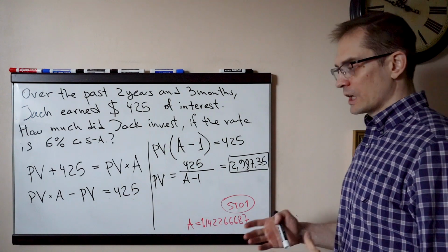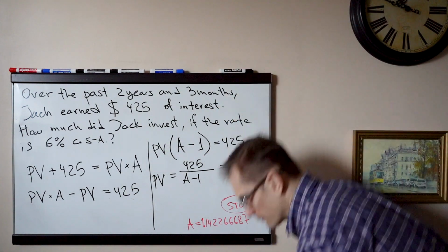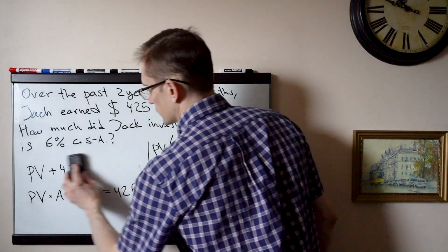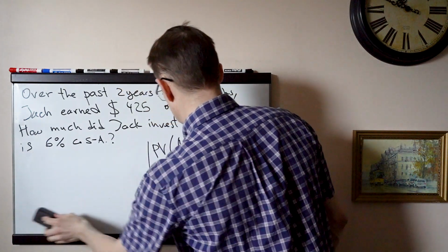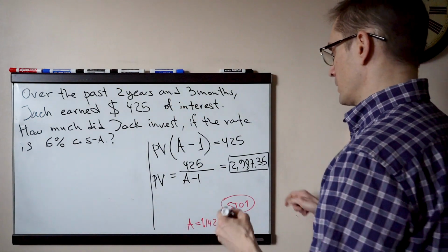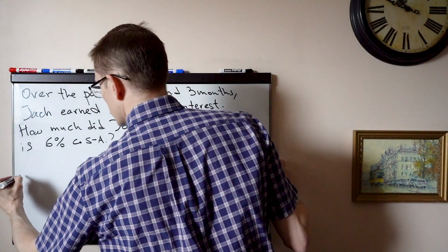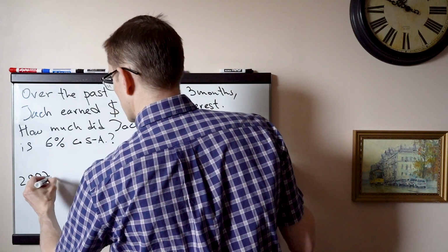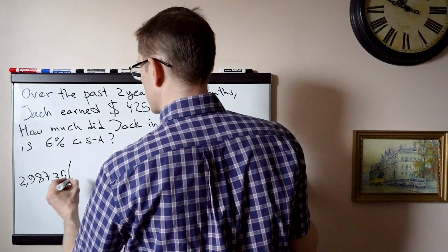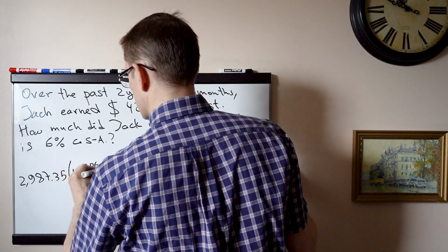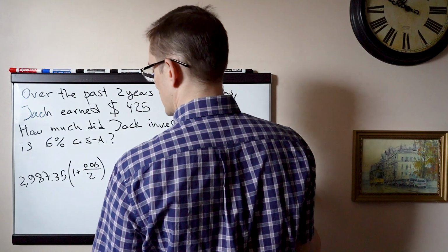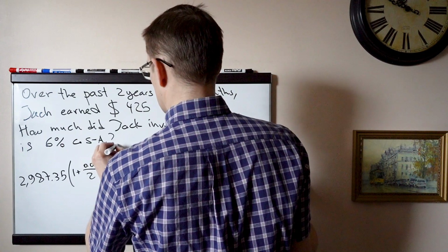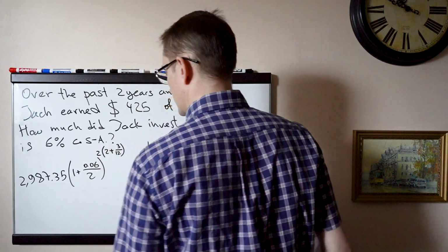Now, why don't we check this? In this kind of problem, when we have a lot of calculation happening, it is helpful to make sure everything is right, and we'll check it. So we'll check on this side. We now know that we are investing 2,987.35, and that investment is happening at 0.06 divided by 2 as a semi-annual rate, for 2 times 2 plus 3 over 12 years.